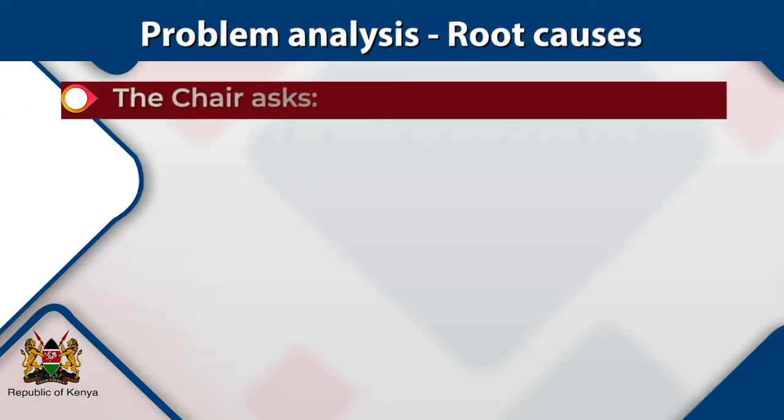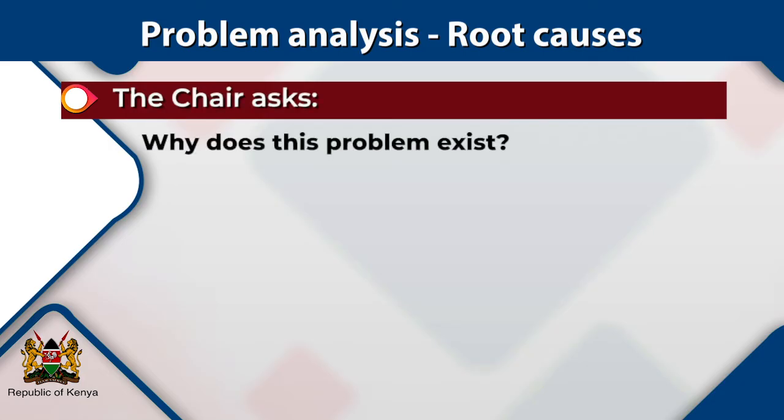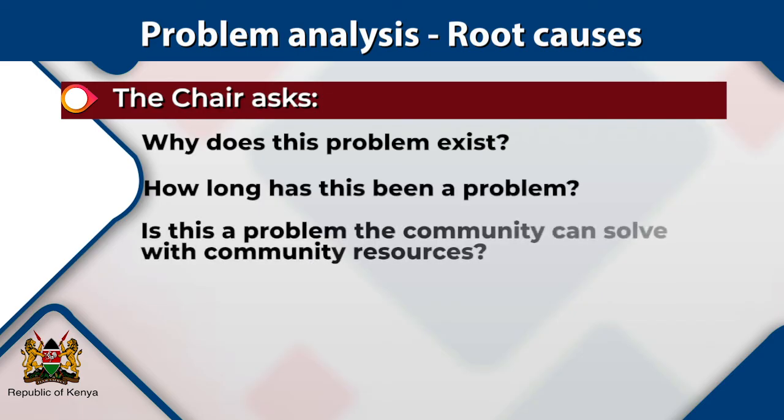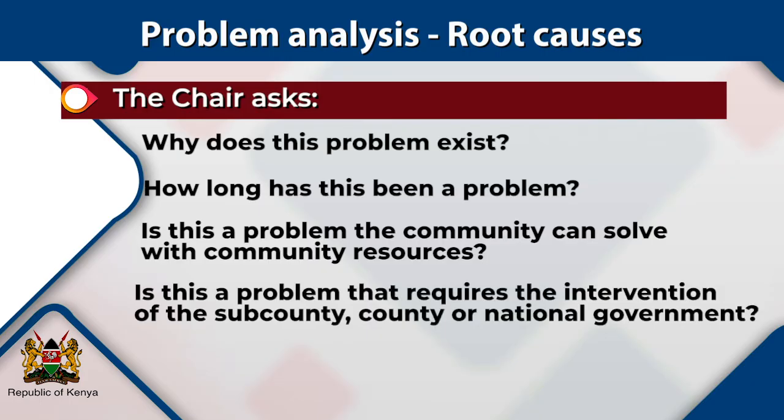The chair asks, why does this problem exist? How long has this been a problem? Is this a problem the community can solve with community resources? Is this a problem that requires the intervention of the sub-county, county or national government?